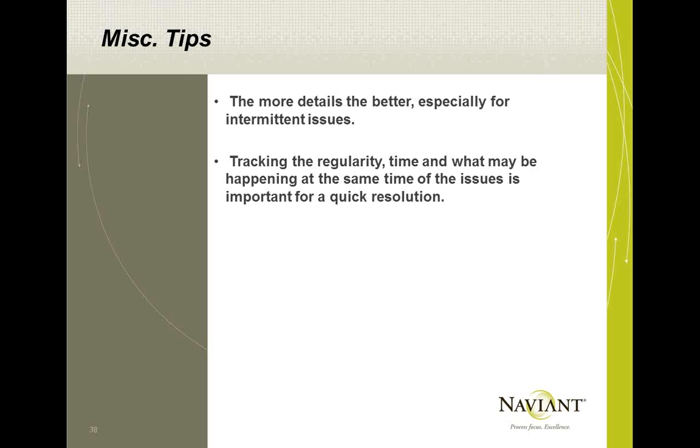More and more issues are happening, okay, it happens once a month, or oh, it happens every 2 weeks. Well, it's good to know the time and the regularity and what might be happening on the servers when it happens. We've run into situations where something has always happened at the exact same time every day.